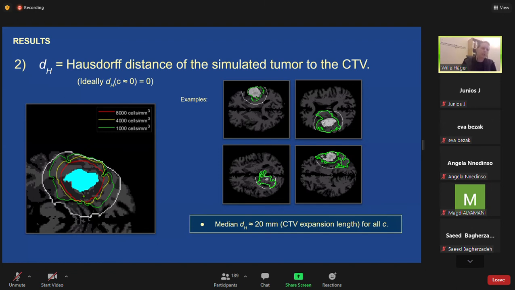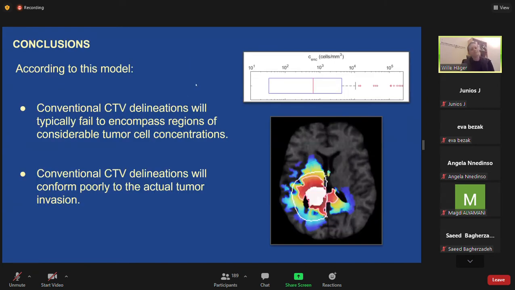You see, it does not conform very well to the CTV in the first place, as is expected. To conclude, according to this model that we've used, the conventional CTV delineation will typically fail to encompass regions of perhaps considerable tumor cell concentrations. And the conventional CTV delineations will conform poorly to the actual invasion.